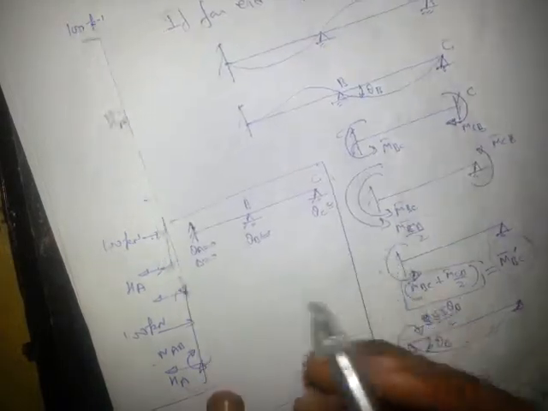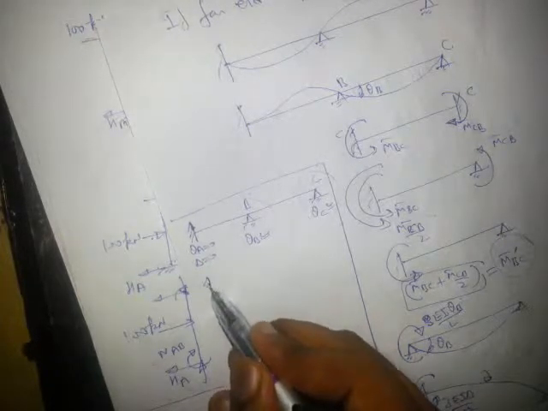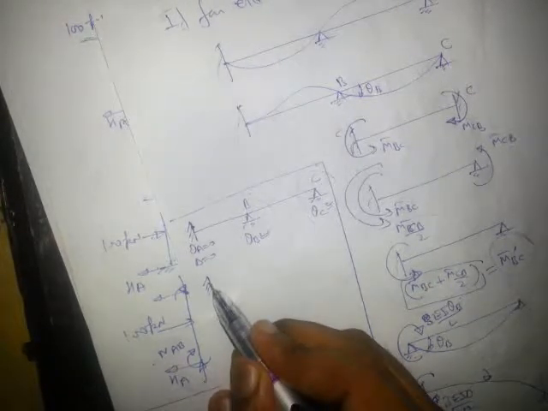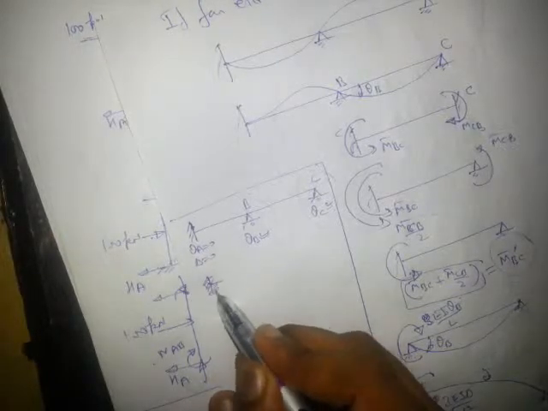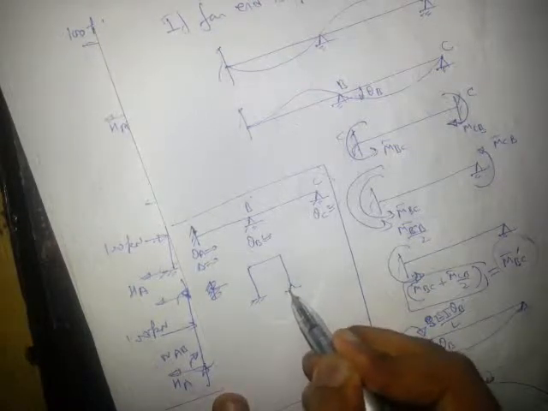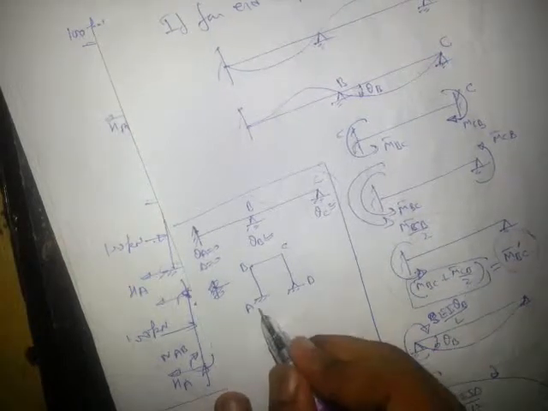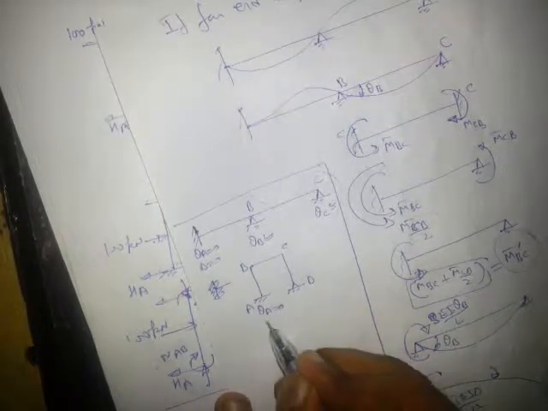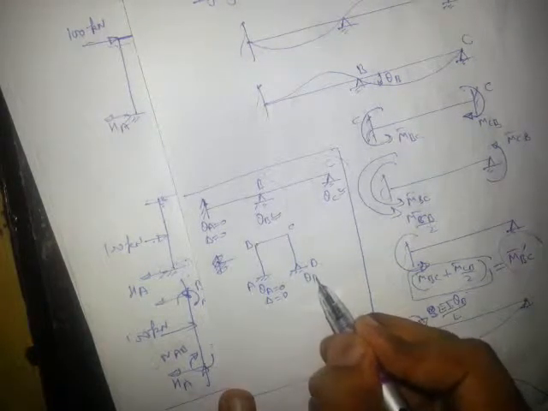Okay, next, for example, this is the question, with A, B, C and D. You will say theta A is 0 and delta is also 0. But theta D is present.